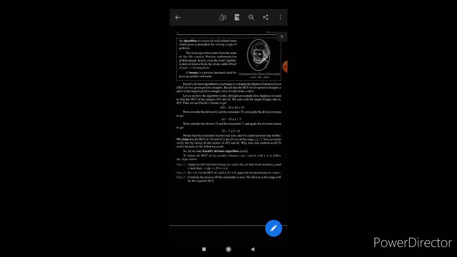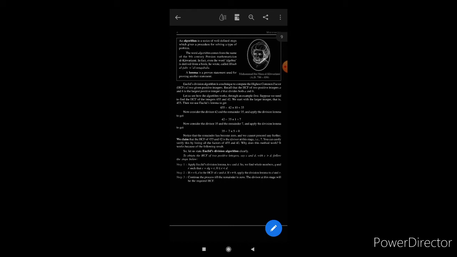So we find whole numbers q and r such that c is equal to dq plus r, where 0 is less than or equal to r, and r is always less than d. Step 2: If the remainder r is equal to 0, d is the HCF of c and d.